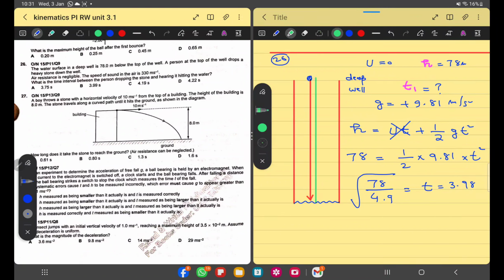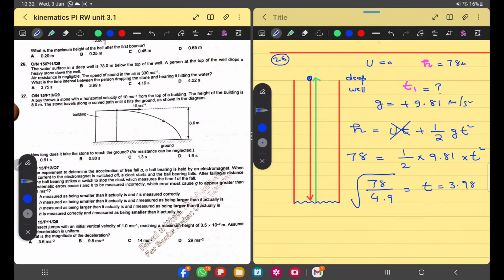This sound will travel in all possible directions. But the question is, how long? If you read the question, what is the time interval between the person dropping the stone and hearing it hitting the water? So now I have to calculate the time to hear the sound of hitting the water surface.